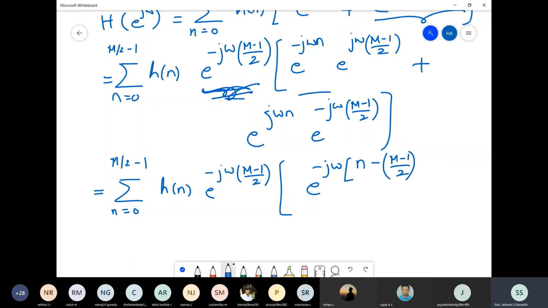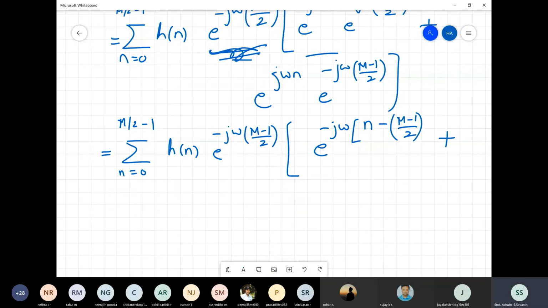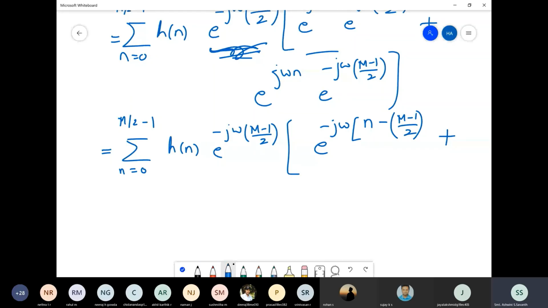Plus the second term, let us take e to the power plus j omega common, so I have n minus of (M minus 1) by 2. There are obvious reasons why I am writing it in this fashion. If you have guessed it by now, the exponential term in the bracket can be written as a cosine term, right? That's the reason we are doing it this way.